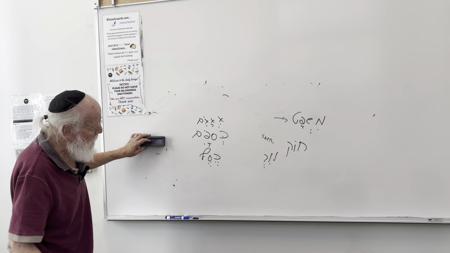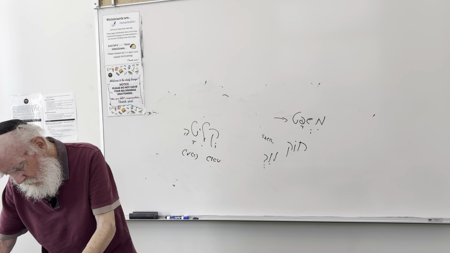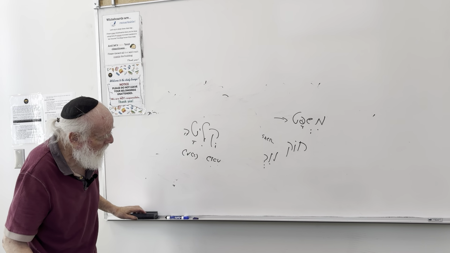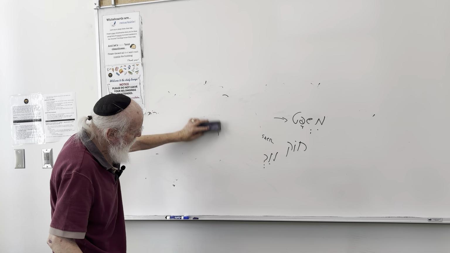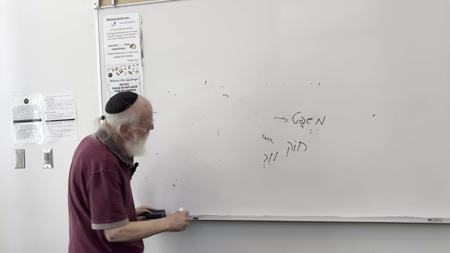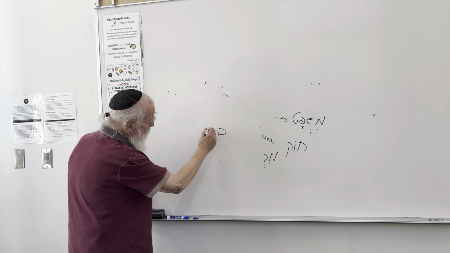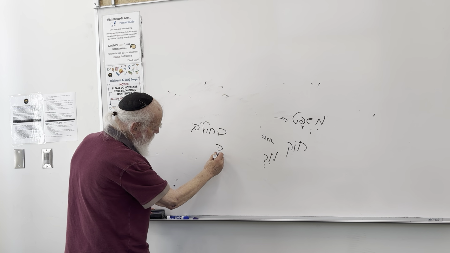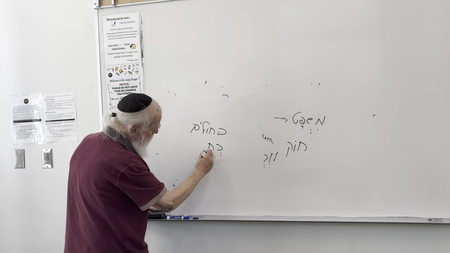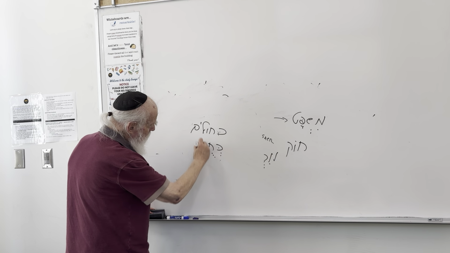Well, take the word for blue. The word for blue. She has the spelling for blue without vowels. She has a spelling with vocalization. Again, a reason why vocalization is important.